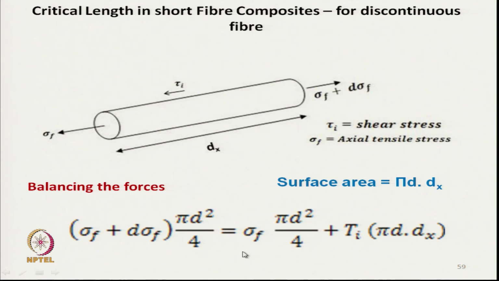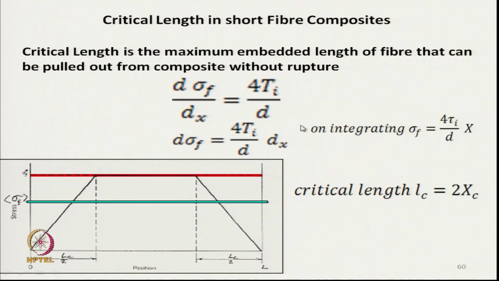This is the equation balancing force, and if we simplify and integrate, we get this equation. So, sigma f equal to 4 tau i by d, where x is the critical length.